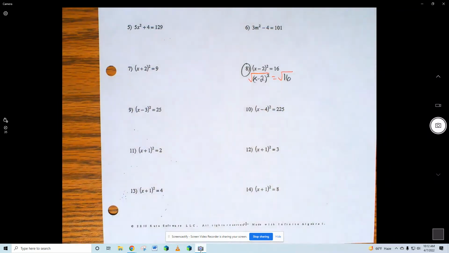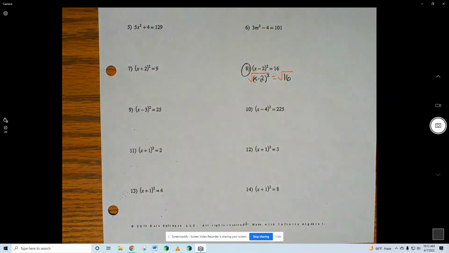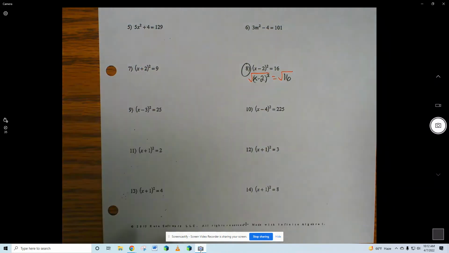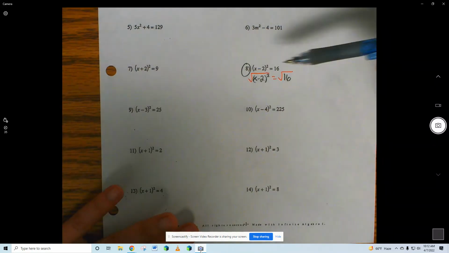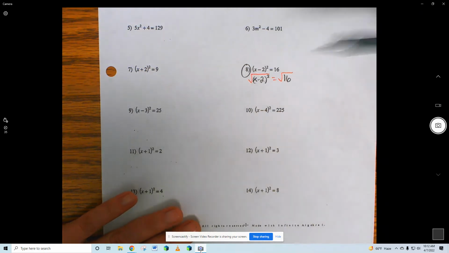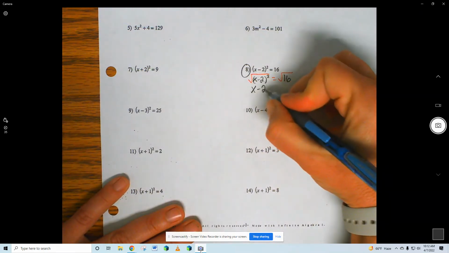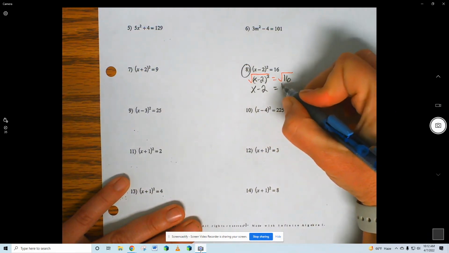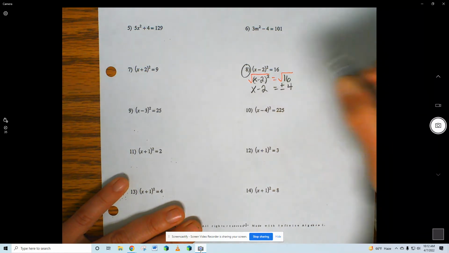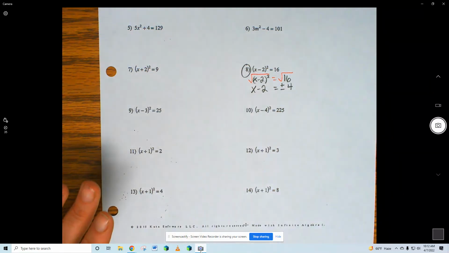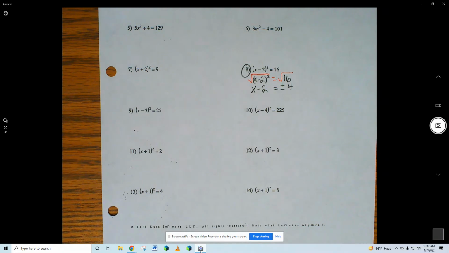So I'm going to square root both sides. The square root and the squared cancel each other out. Plus or minus 4. The square root of 16 is plus or minus 4.